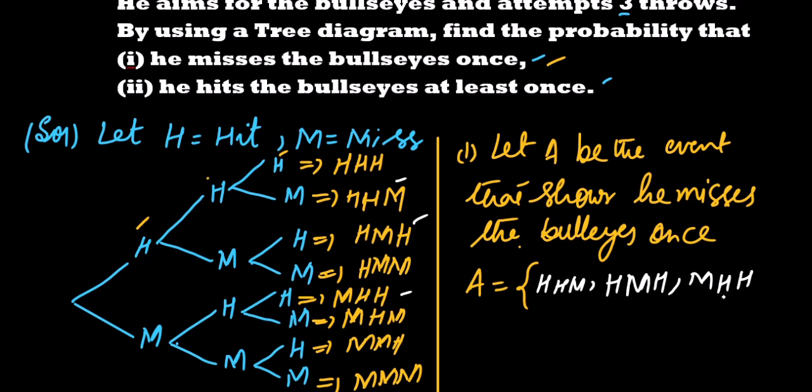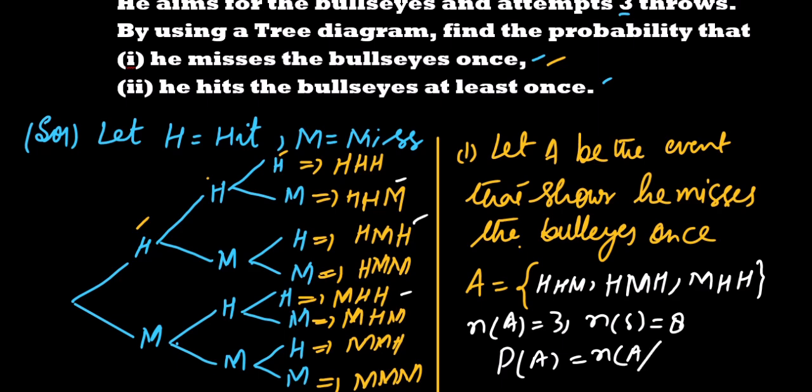And next there is no further outcome that has a single M. So N of A is equal to 3. N of S, the total possible outcomes, is 8. So the probability of A is N of A divided by N of S, which is equal to 3 by 8.